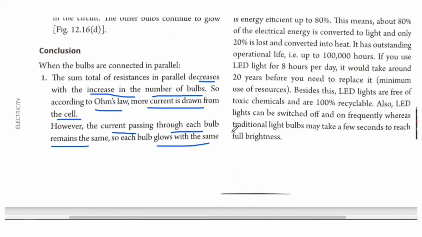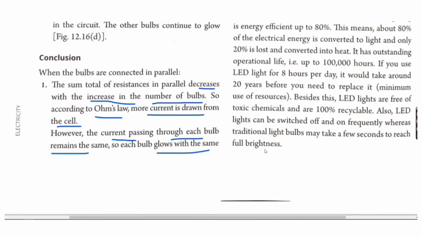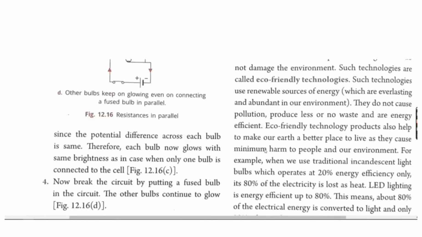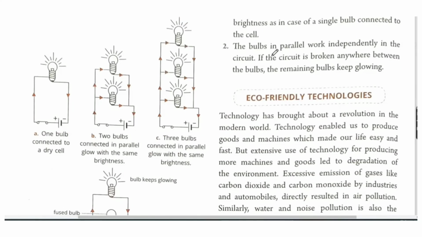So each bulb glows with the same brightness. And in parallel, bulbs work independently in the circuit. And if the circuit is broken anywhere between the bulbs, the remaining bulbs keep glowing.